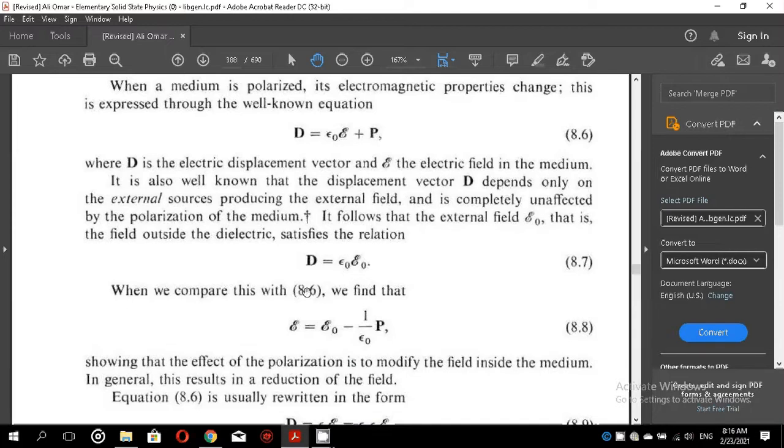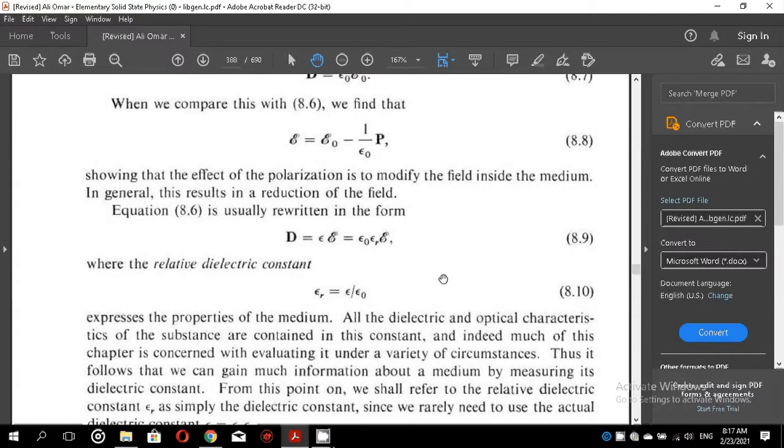So when we compare this equation with equation 8.6, we find that E is equal to E naught minus 1 over epsilon naught into P, equation 8.8, showing that the effect of polarization is to modify the field inside the medium. In general, the result is a reduction of the field.